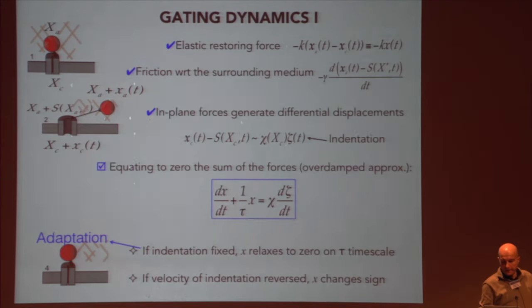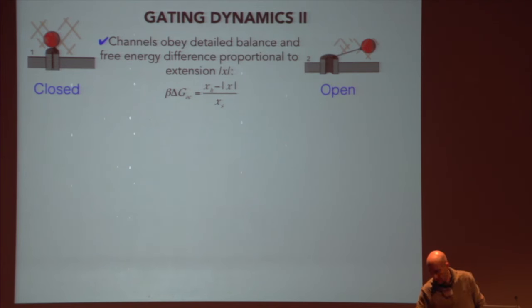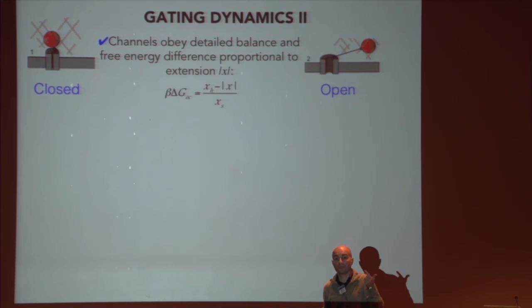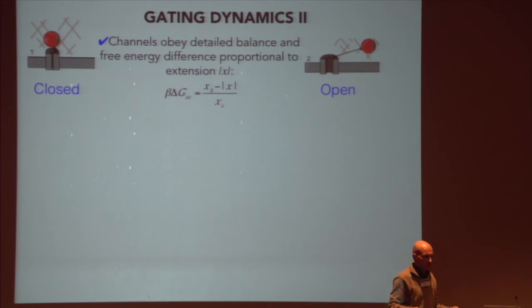But now, the rest is a standard thing. So these channels have been characterized. They have at least two states, a closed state and an open state. Actually, they have more. They have transient states as well, but it's not important.